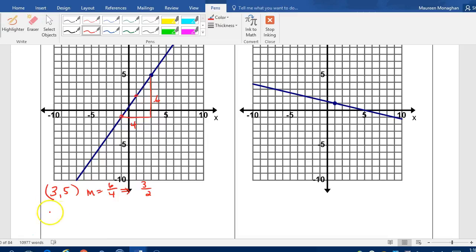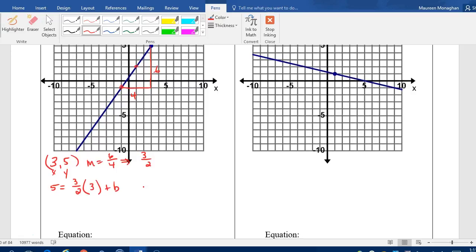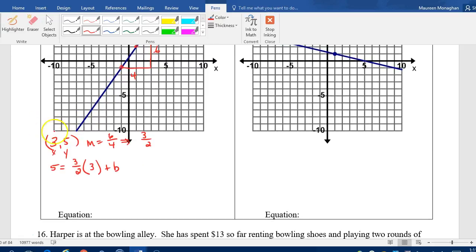Either way, we have to take our x and our y and substitute those in using our slope. And the x is 3. And we have to find b. Well, this one's not as nice because it doesn't simplify. So this is going to be 9/2 plus b, because 3 times 3 is 9 over 2.